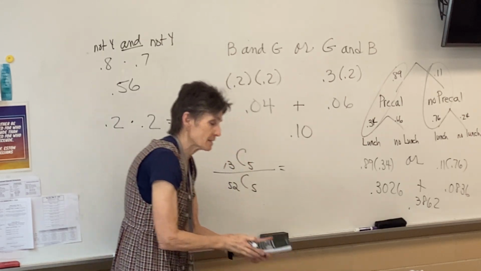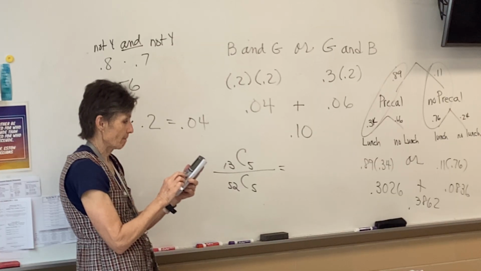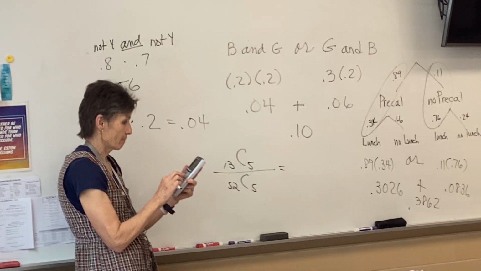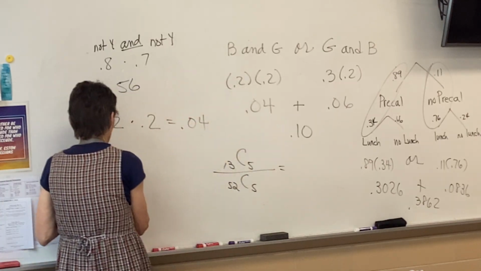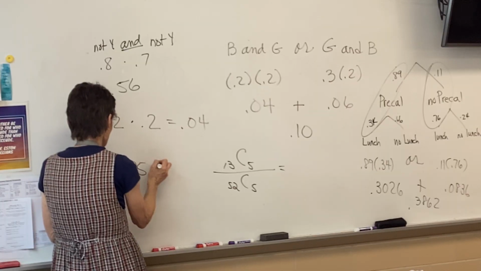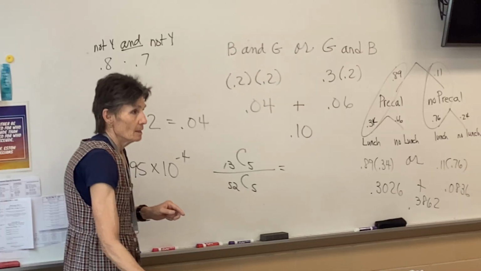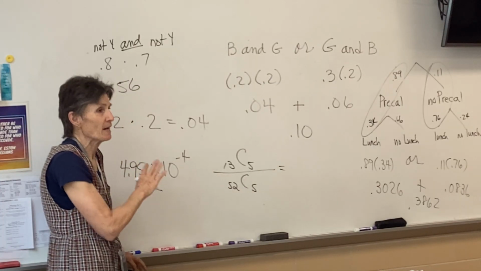You gotta type it in, see what we get. .95 times 10 to the negative 4. Now, I am perfectly fine with that answer.